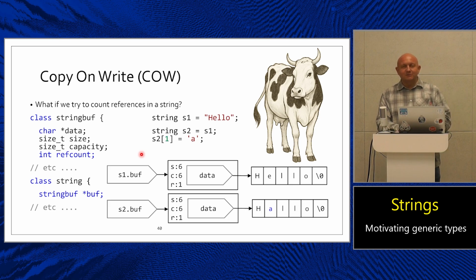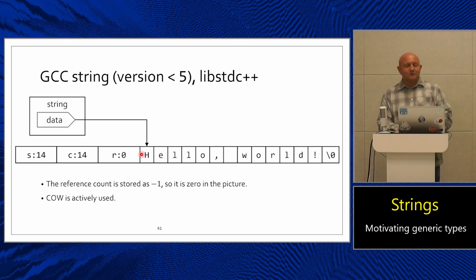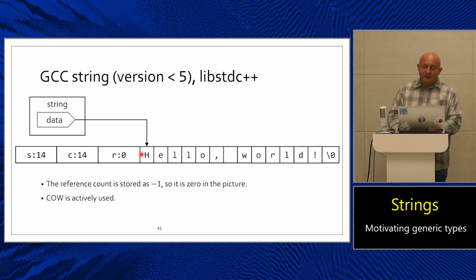How will it be implemented in a real compiler, in a real library? Let me show you how it was implemented in libstdc++ version less than 5. The control block lived here, very convenient, and here was the string itself.